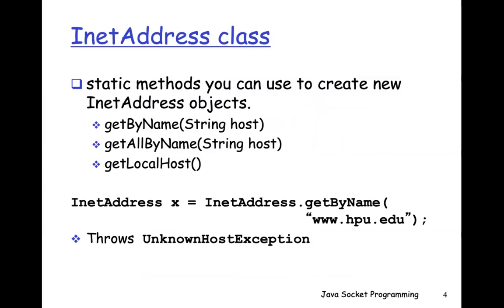Now we look at the first three classes. The first one is the InetAddress class. You give me the host as a string, and I can get the internet address. For example, through getByName, give me the name. Or you can use getAllByName or getLocalHost, the local host name.